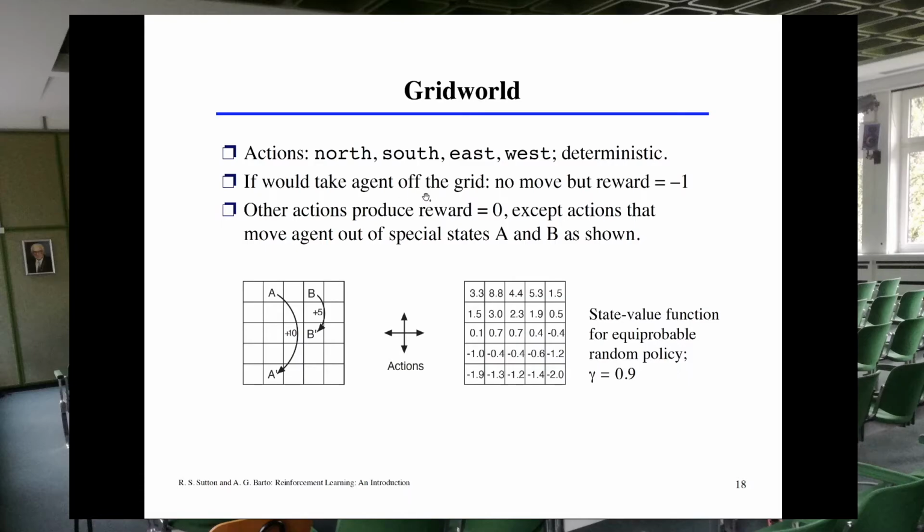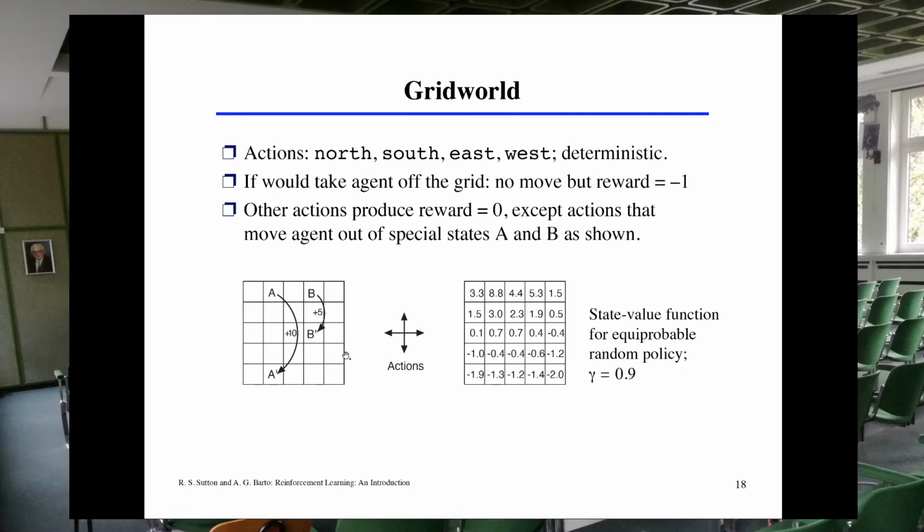If the action would take the agent off the grid, no move will happen in reality, but it will get a reward of -1. Suppose that you are in this square and the agent performs the action go right. The action go right would move the agent off the grid. But in this exercise we will assume that the agent remains in that state.